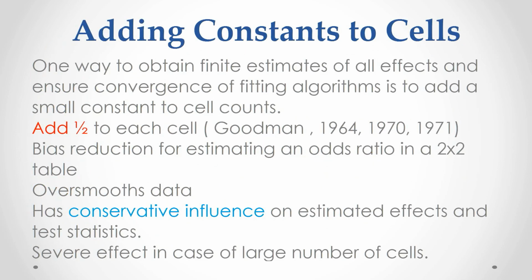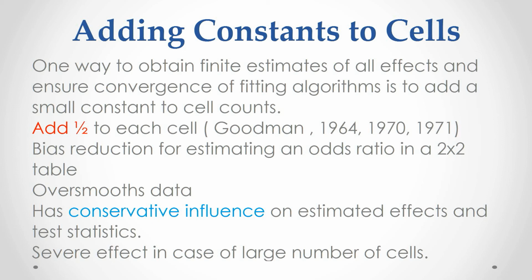Finally, let us look at a very popular, though ad hoc technique, which is often used in situations where there are sparse cell counts. One way of working around this problem and getting finite estimates of all the effects, as well as ensuring convergence of the fitting algorithms, is to add a small ad hoc constant to the cell counts.